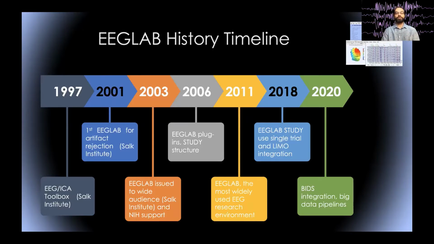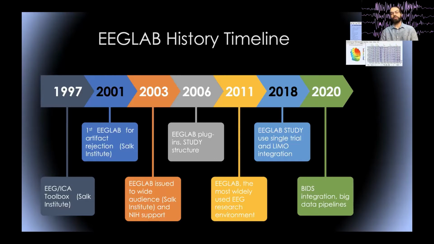I'll show you how to use that, because we'll use the NSG plugin for EEGLAB. We'll download it and install it. In 2011, there was a paper showing that EEGLAB was the most widely used EEG research environment among commercial and academic softwares.